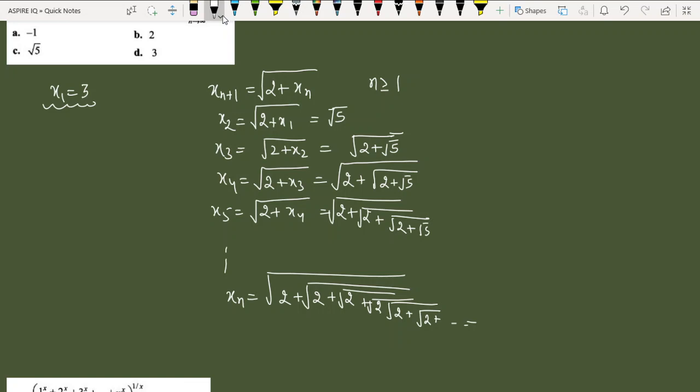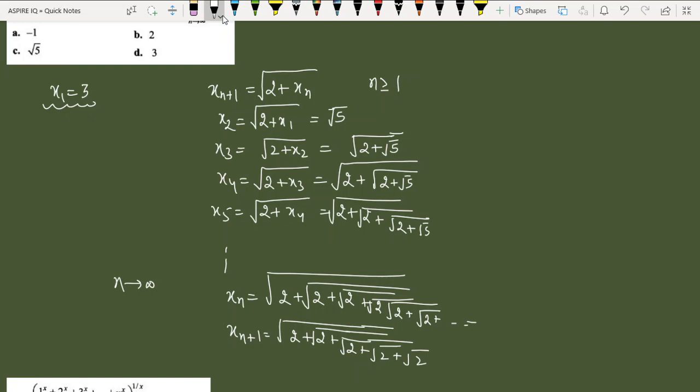So let's say this is xn. So x(n+1) also will be like this only, just the difference of one term. If n tends to infinity, there are a lot of terms involved in this expression.